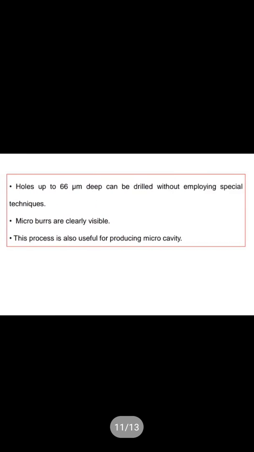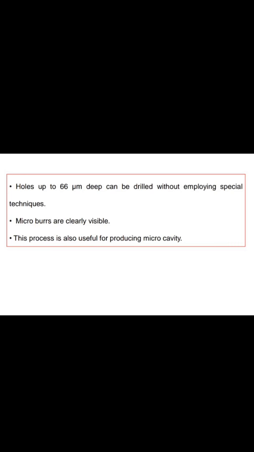Now, the applications of this micromachining can be listed here. Holes up to 86 nanometer tip, nano meaning 10 raised to power minus 9, can be drilled without employing special techniques.